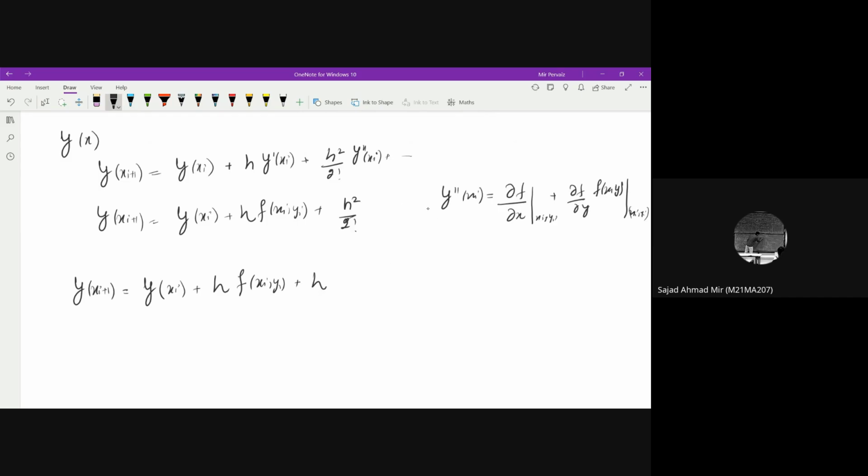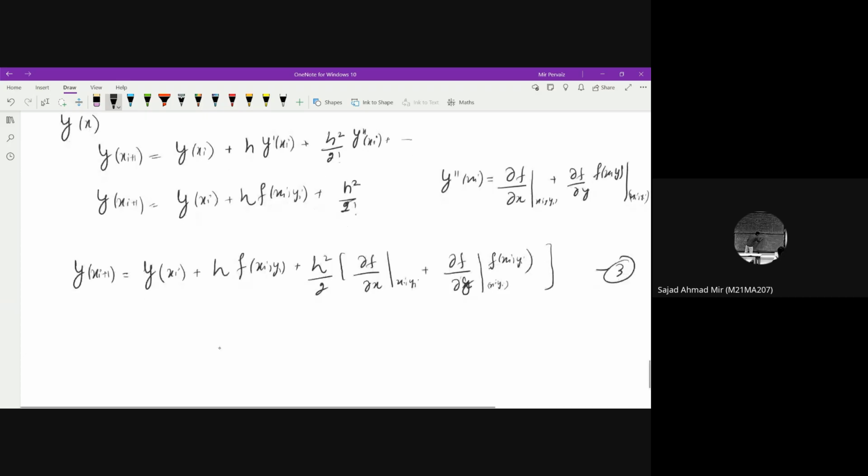You put your second derivative here, h square by 2 del f by del x at the point xi, yi plus del f by del y times f of xi, yi. I think it should be del f by del y here, right? So this is your third equation.